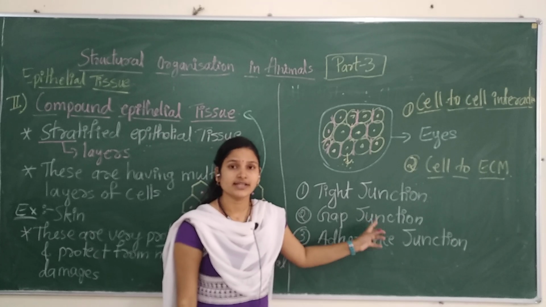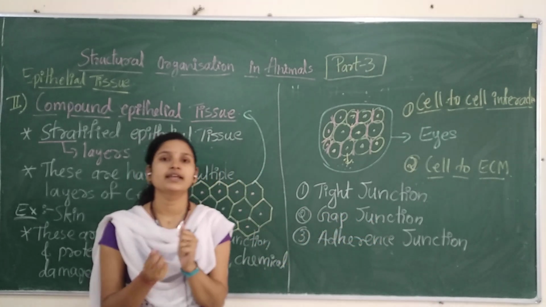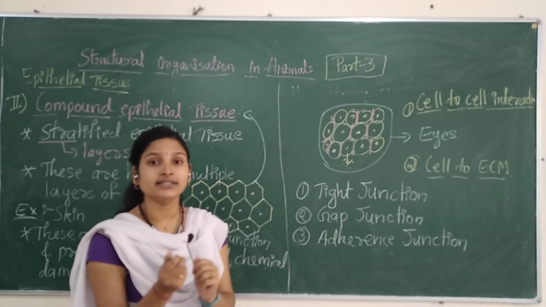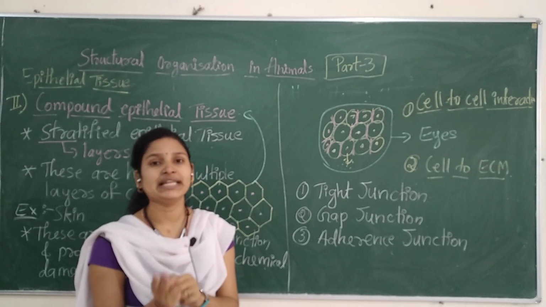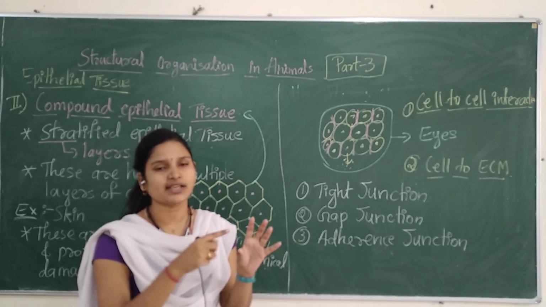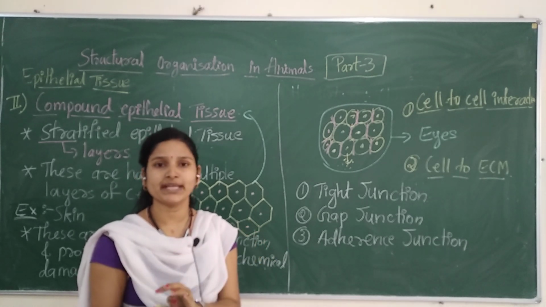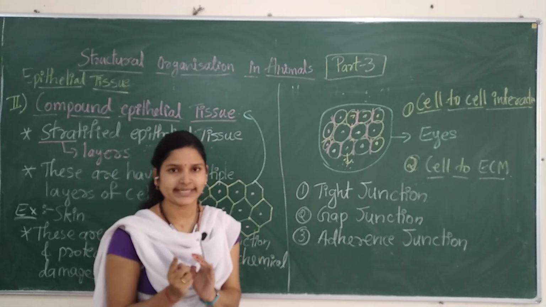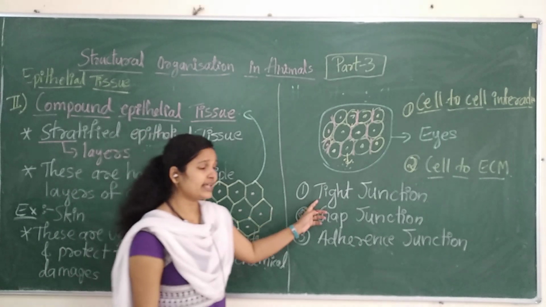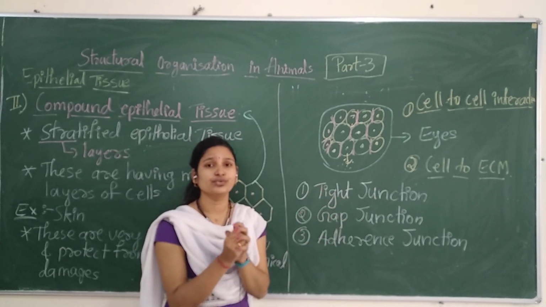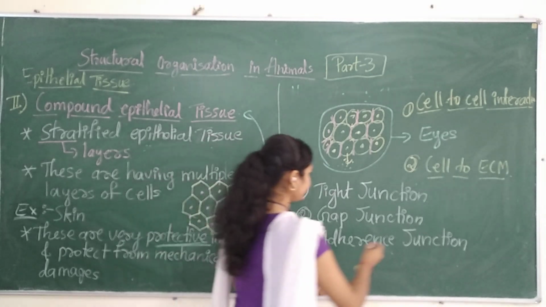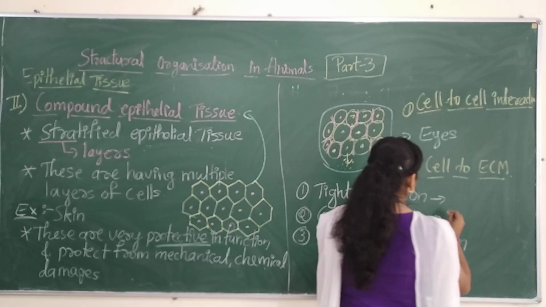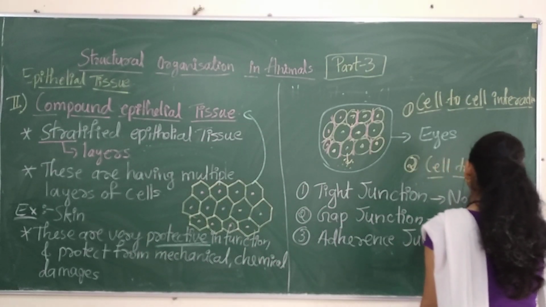Tight junction is nothing but one cell interacting with another cell so that there should not be any kind of leakage. Whenever a substance is moving there should not be any leakage. The cells have a tight bonding. In tight junction there should be no leakage.